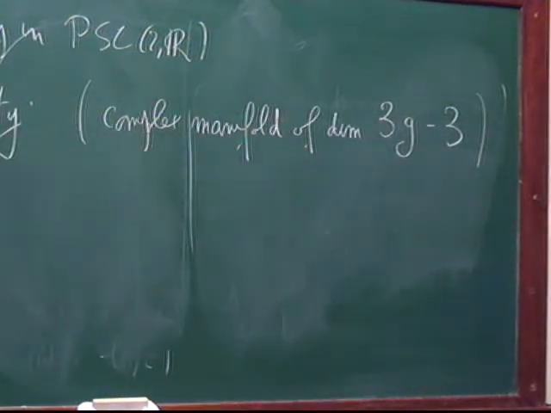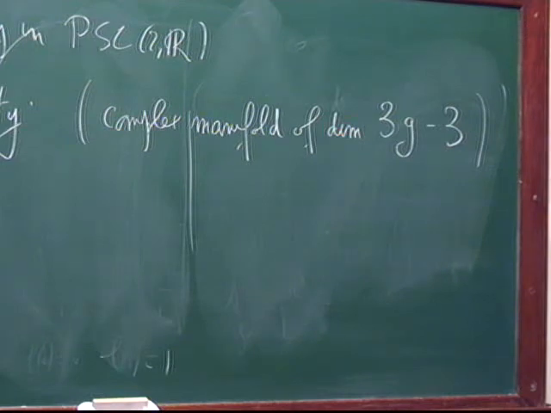All right, I will not explain exactly how he did it, but I just want to give you a few hints of how he was thinking and why it was somehow clear to him that we need 3G minus 3 parameters. Here's the way Riemann was thinking.